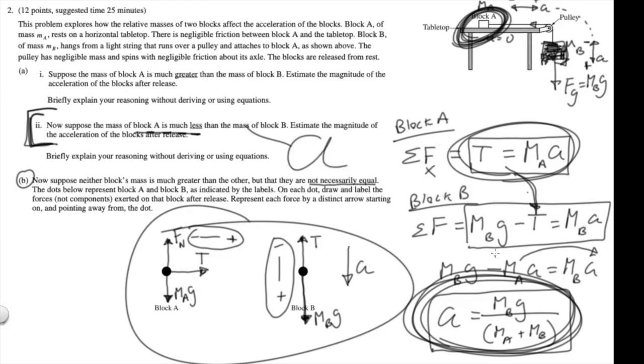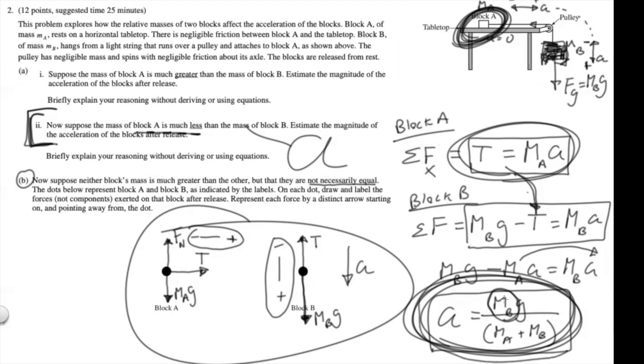Now, why would that give a big acceleration? Well, the mass of A is small, and therefore the mass of B is bigger. So we have a bigger mass of B, and mass of A is also in the denominator. So this equation definitely agrees with that.